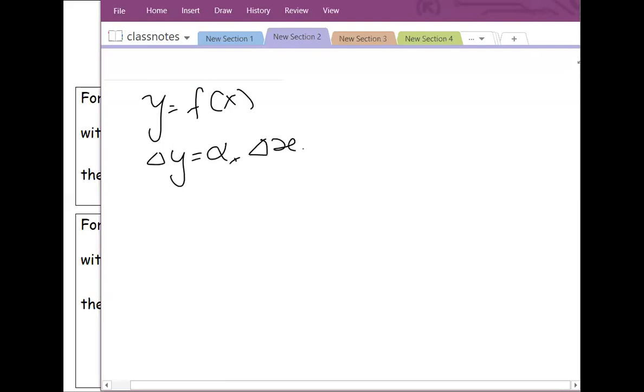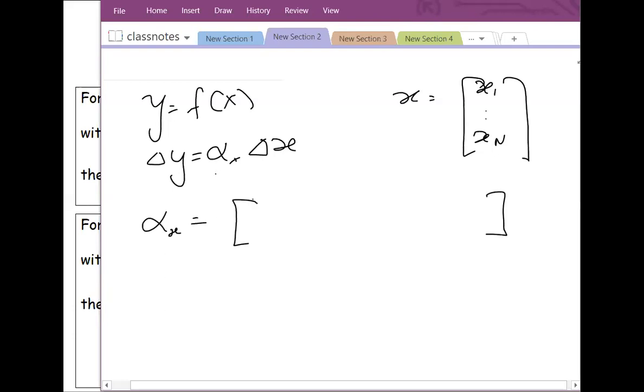And now if x is a vector, then what was alpha going to be? A row vector of what? Partial derivatives. And what was the final formula?